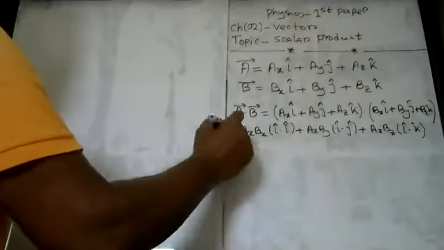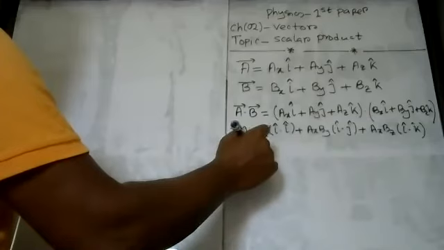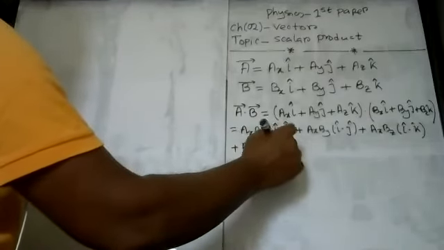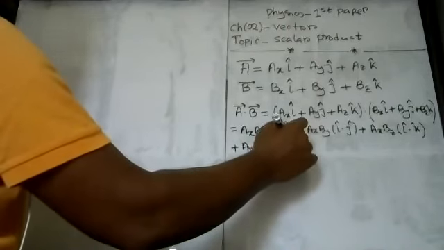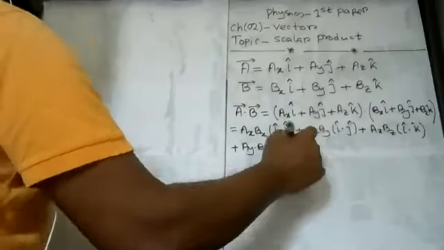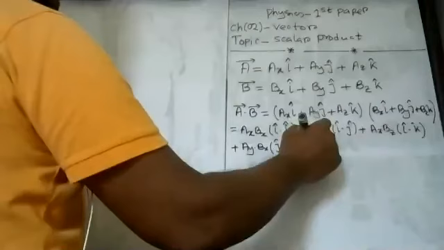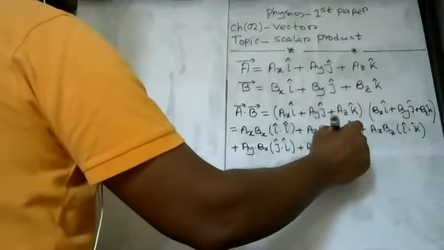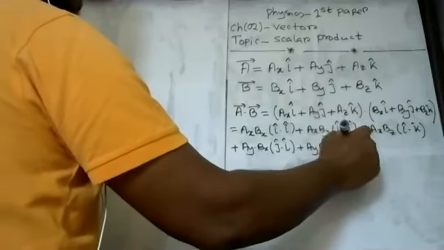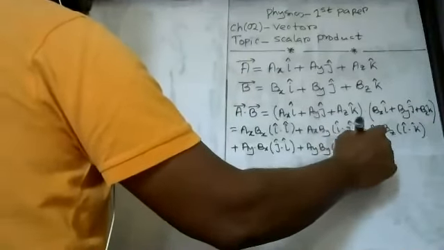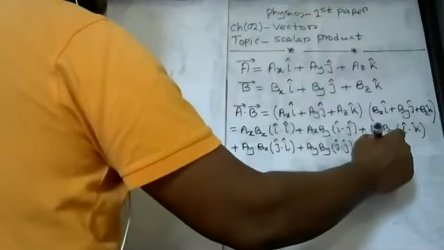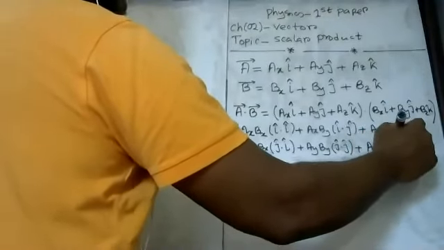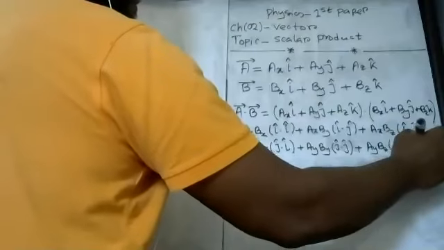Now, for the case of ay bx, j hat dot i hat, plus ay by, this is j hat dot j hat, plus ay bz, so this is j hat dot k hat.